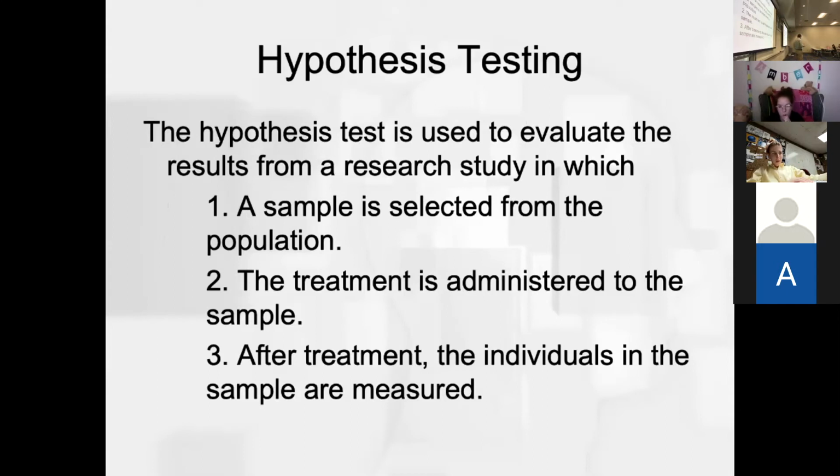And we use a hypothesis to evaluate the results from a research study in which a sample is pulled from the population. So it could be the entirety of the globe's population, or the population could be UAH students.